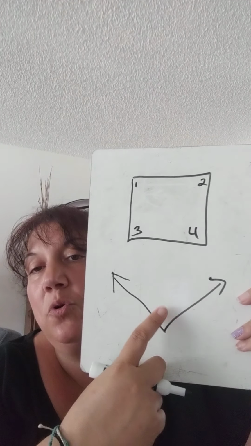I believe you have heard these terms before: right angle, acute angle, and obtuse angle. In this chapter, we're going to be talking about the vocab word right angle, and then we're also going to be using less than a right angle and greater than a right angle. There are 2 easy ways to find out if it's a right angle.